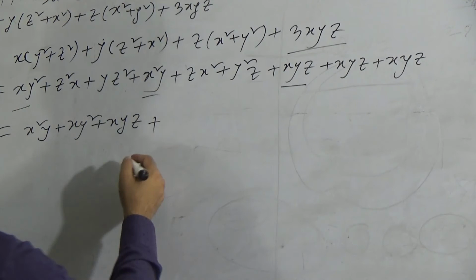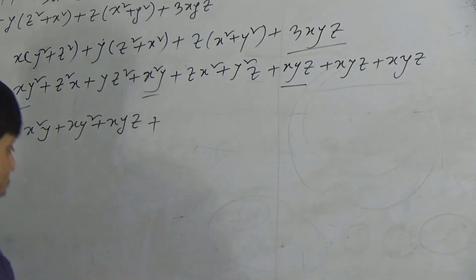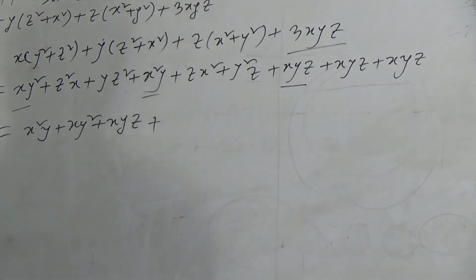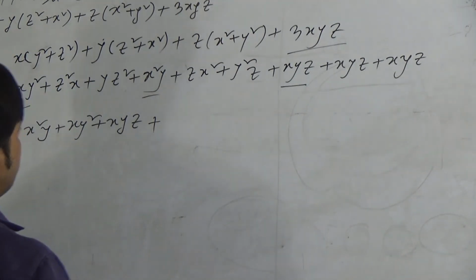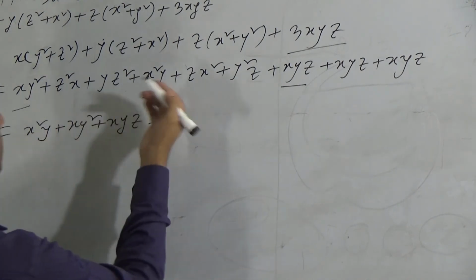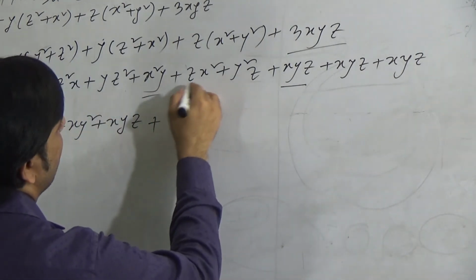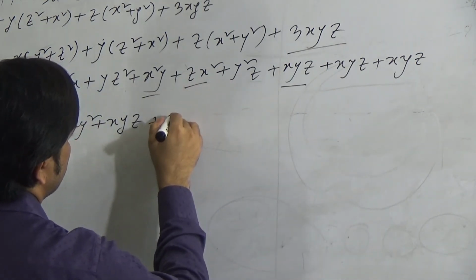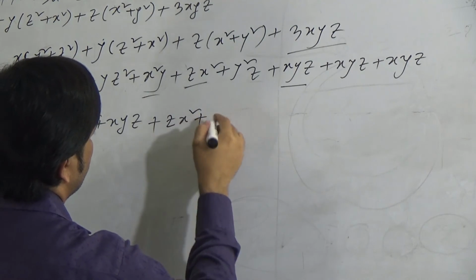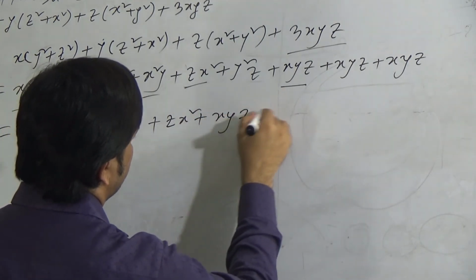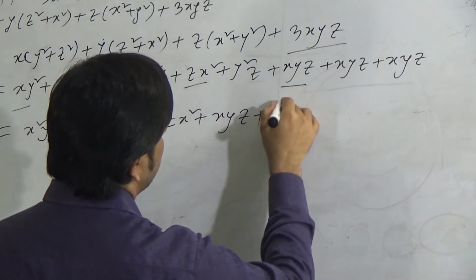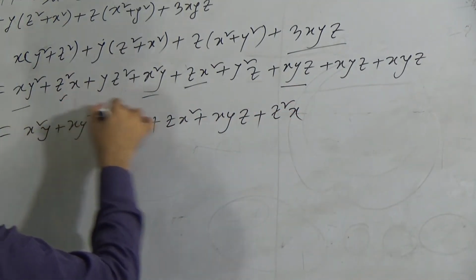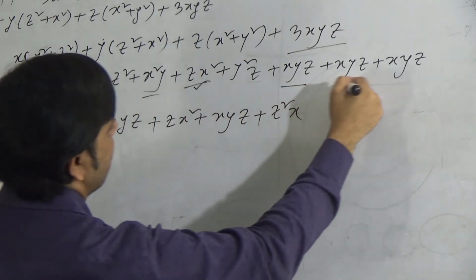Now the rest 3 terms we can select to get the same x plus y plus z after taking common. So what can we select here? We can select zx square plus xyz plus z square x. Where is z square x? Here. So we can select this term and this term.